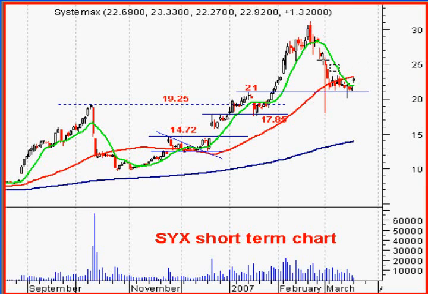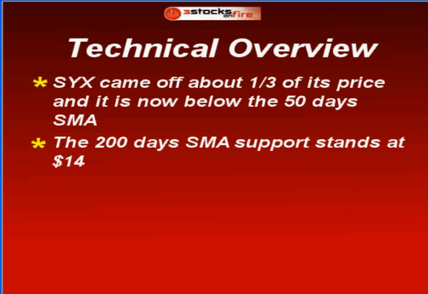This pullback was really nasty. With so much volume here, I didn't expect this to happen so fast. And now it is below the 50-day moving average, and the 200-day moving average is coming here, much below, at about 14. Let's see.